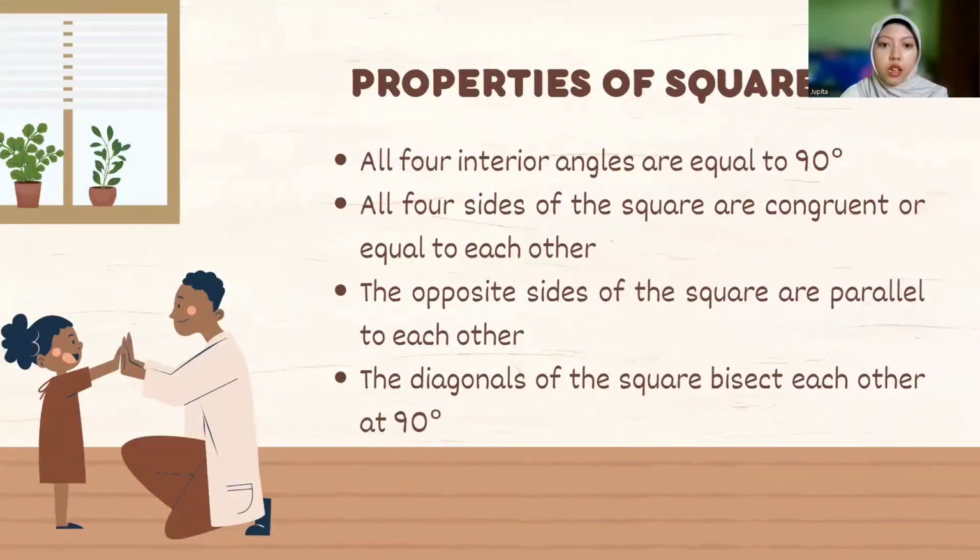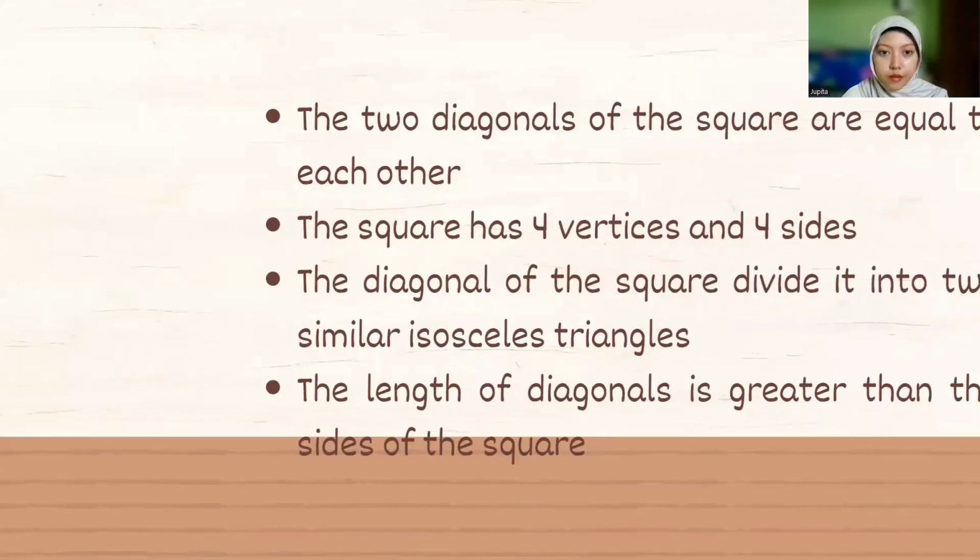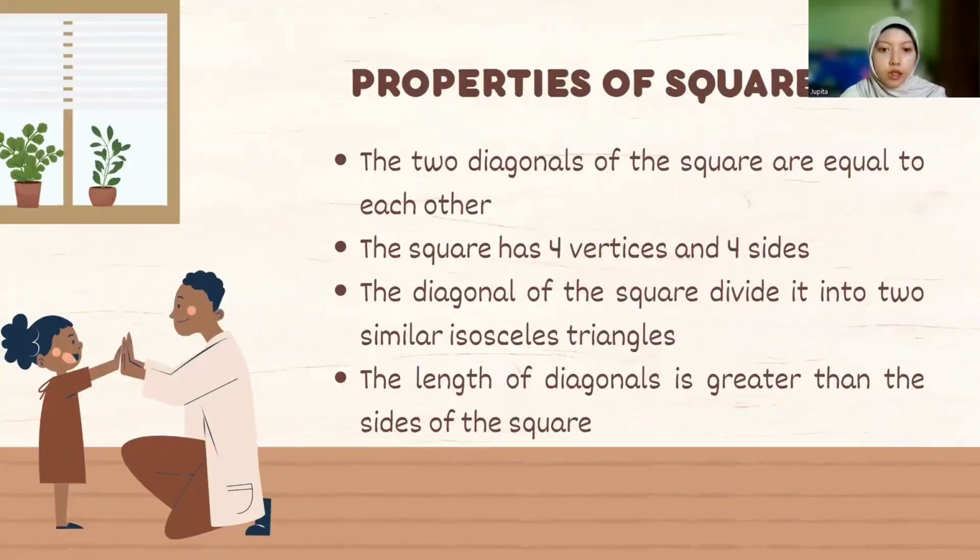Properties of square. 1. All four interior angles are equal to 90 degrees. 2. All four sides of the square are congruent or equal to each other. 3. The opposite sides of the square are parallel to each other. 4. The diagonals of the square bisect each other at 90 degrees. 5.